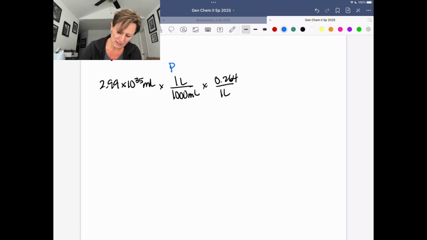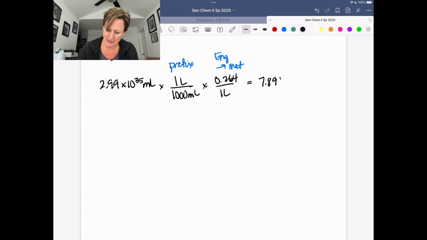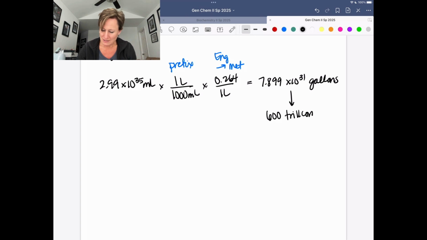Again, this is a prefix conversion. Here's another English to metric. The math for this is going to be 7.899 times 10 to the 31st gallons. This is 600 trillion times the size of Lake Erie. Okay, not enough water there.